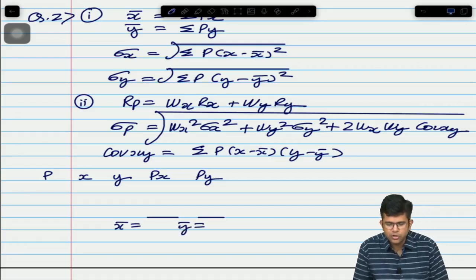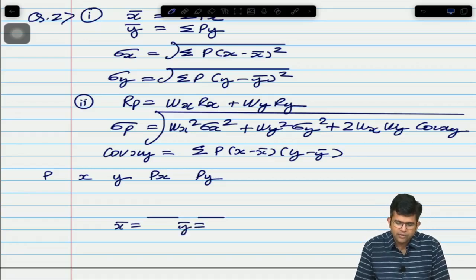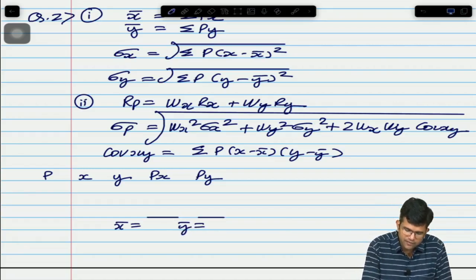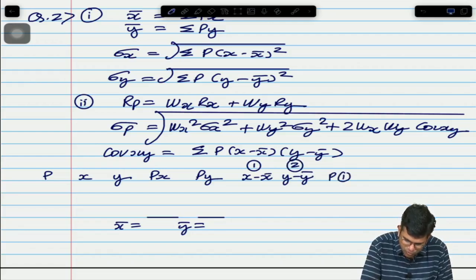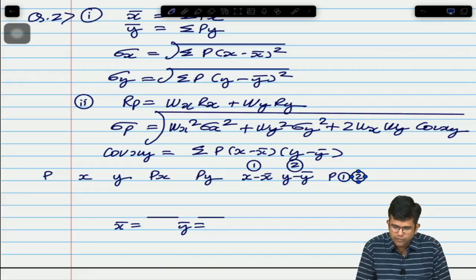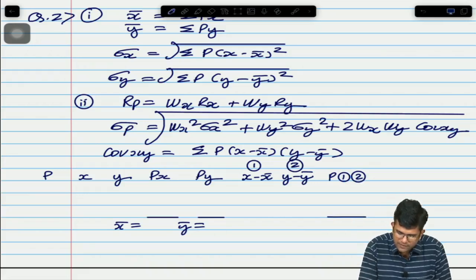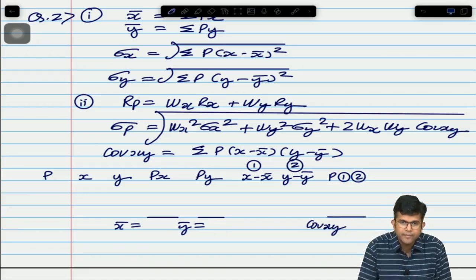Now students, what else do you require? For covariance, we will require x minus x bar as column 1, y minus y bar as column 2, and p into 1 into 2. This will give you covariance xy.